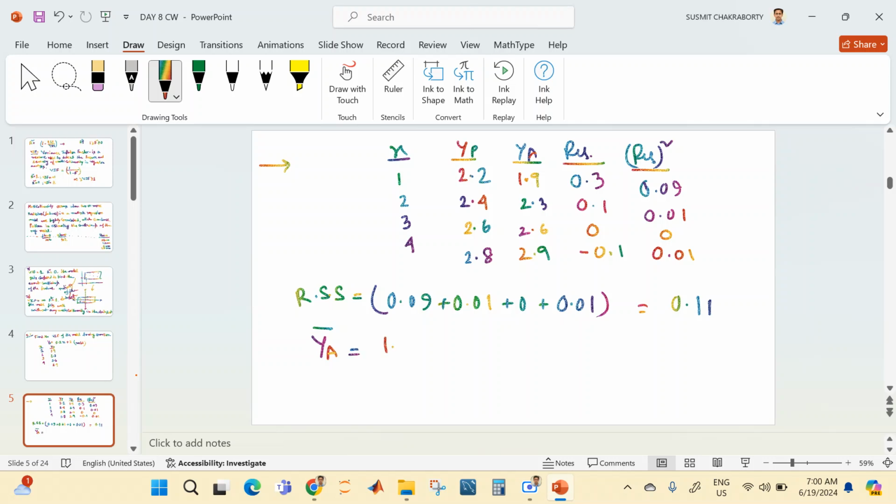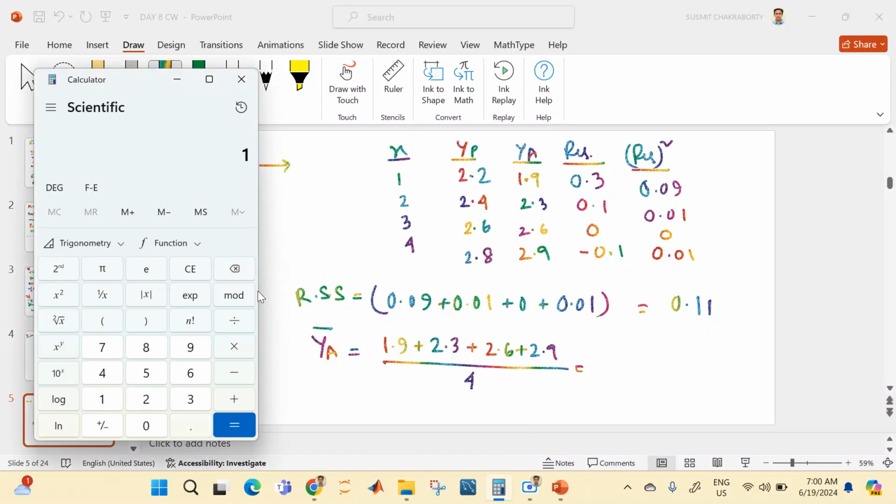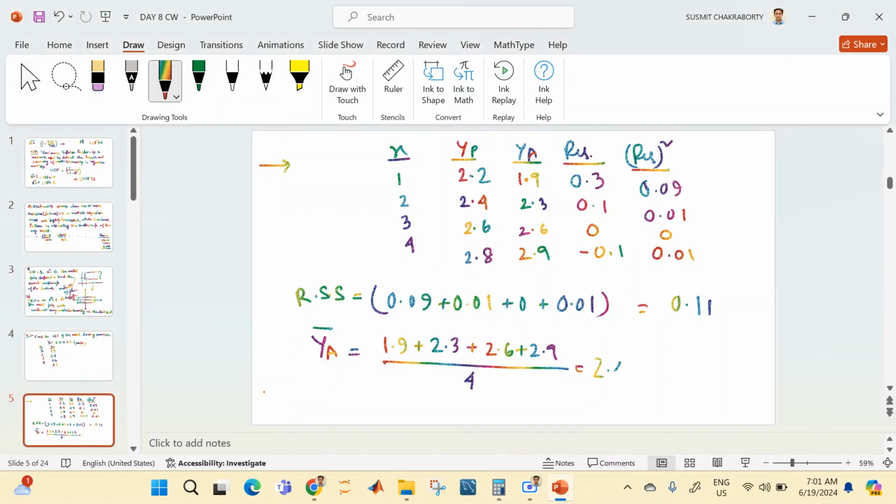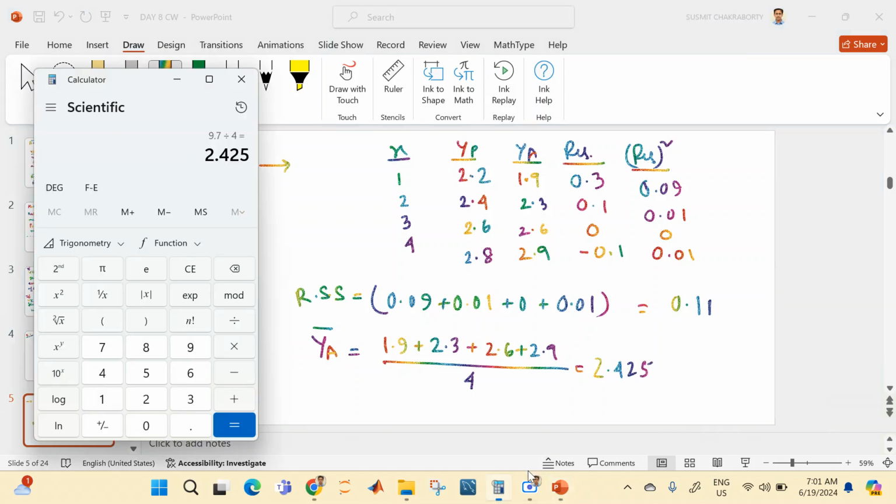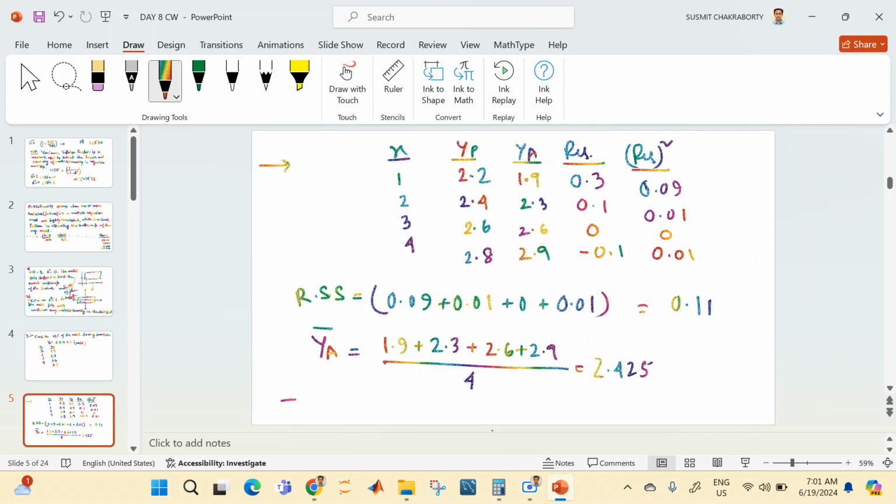So what is the actual average? 1.9 plus 2.3 plus 2.6 plus 2.9, which is 9.6, divided by 4. It is 2.425.